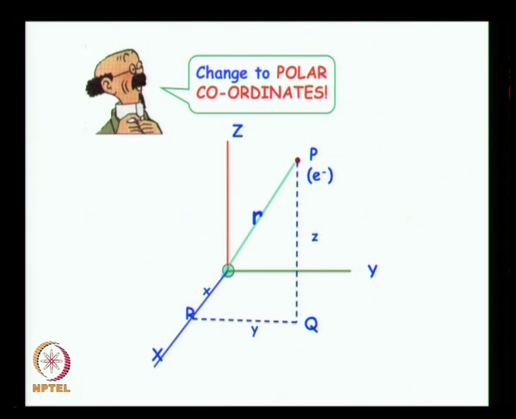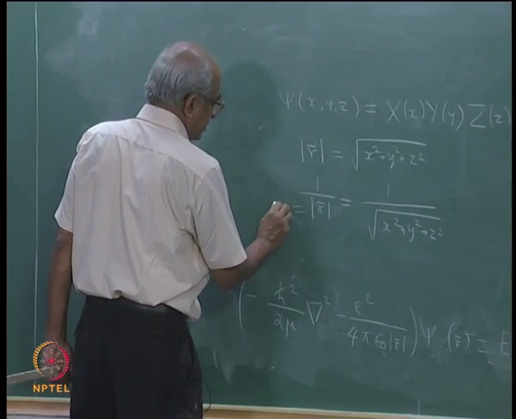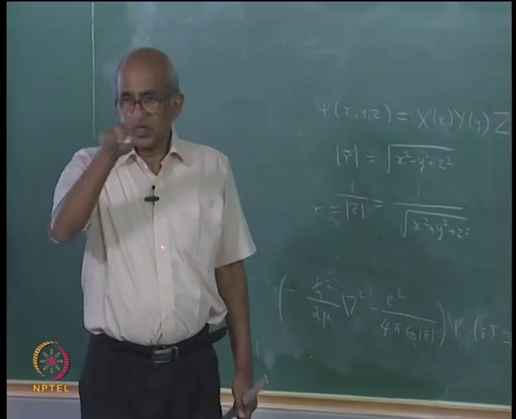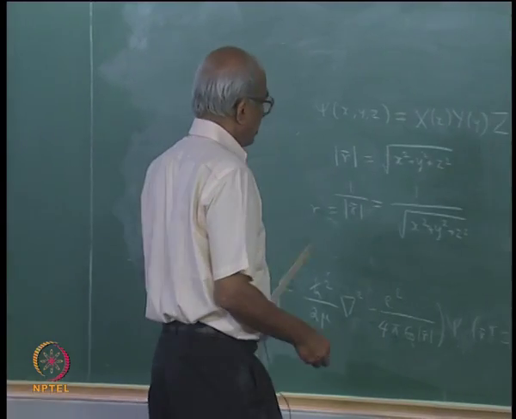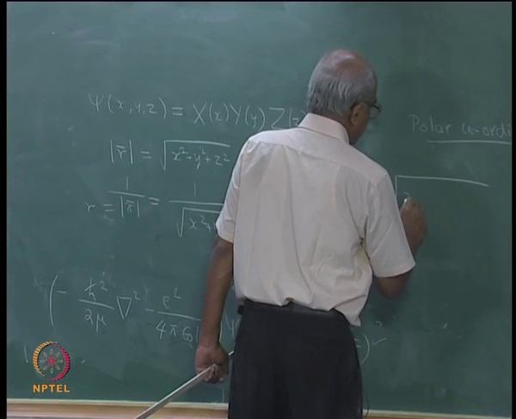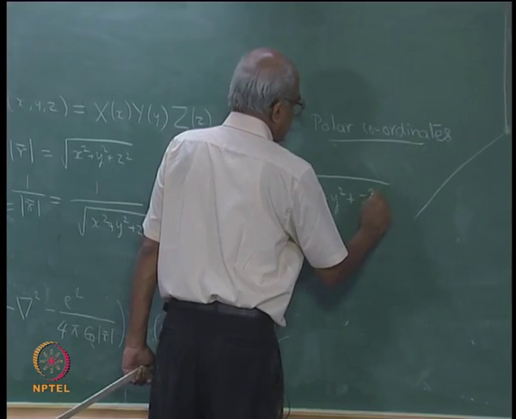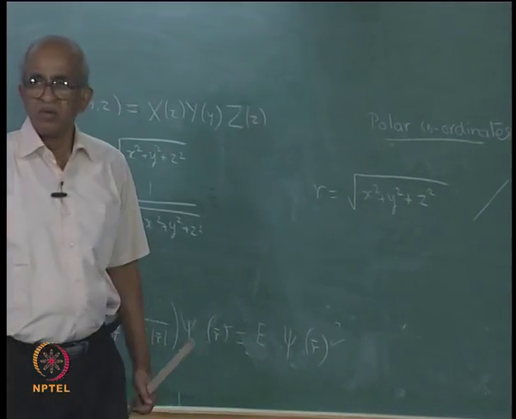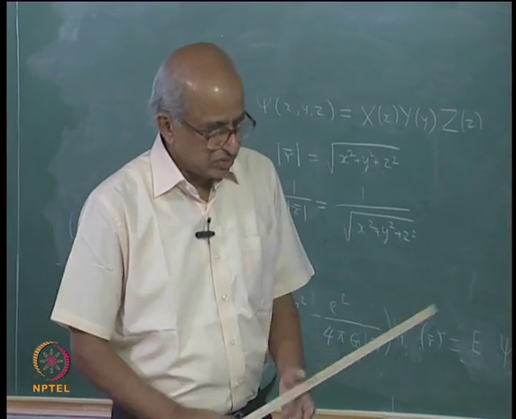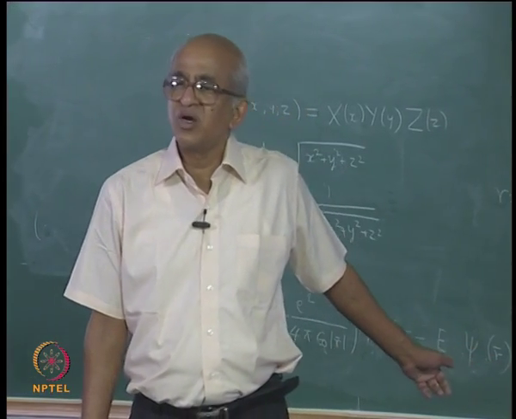What is r? r is nothing but the length of this vector r, so I will denote it by the symbol r without the vector sign. So, r is equal to the square root of x square plus y square plus z square. In order to specify the position of the particle, I can use this as one of the coordinates.